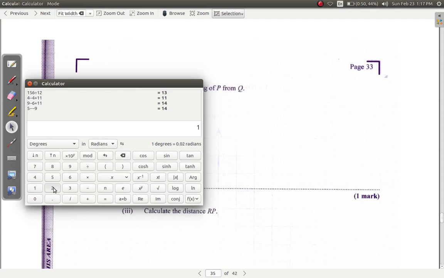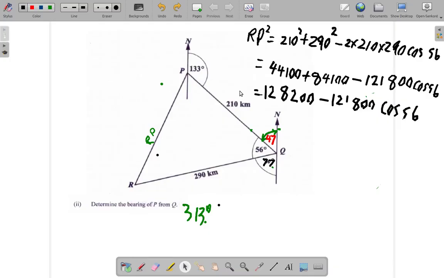So 121,800 times, calculator is in degree mode, cosine of 56 degrees equals 68,109.7. So I have here 68,109.7, and I have 128,200 minus that.